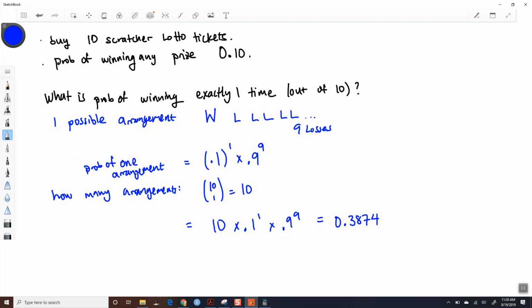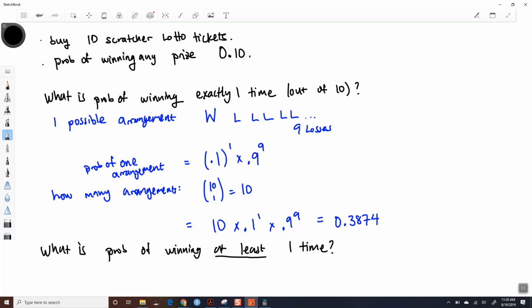Okay. What if I threw in, what is the probability of winning at least one time? Okay. So exactly one time means we only want to know the probability that you win just one and you have to lose all the other 9, okay? Now we want to know the probability of winning at least one. At least one basically just means the probability I didn't lose all 10 tickets, right?